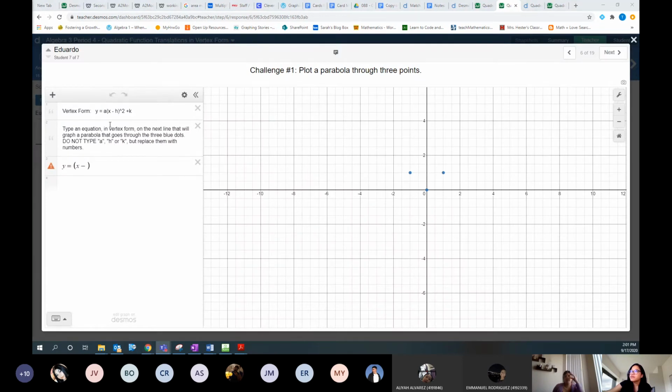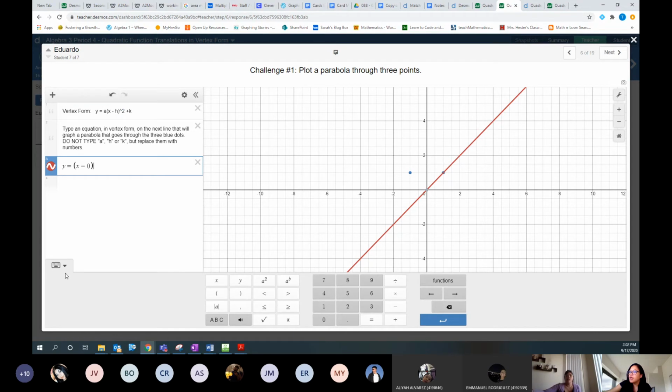Eduardo, to put the number here, you click the vertex. That is a 0. Then put a 0. Okay. And then open the keypad, and the A squared is at the bottom here.